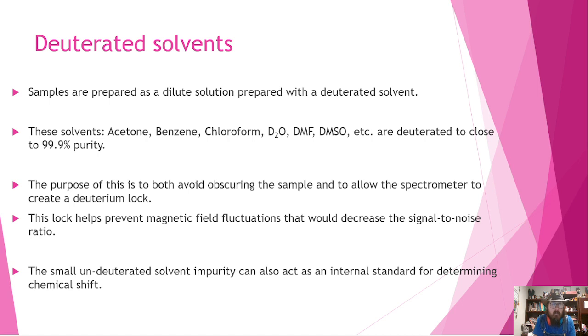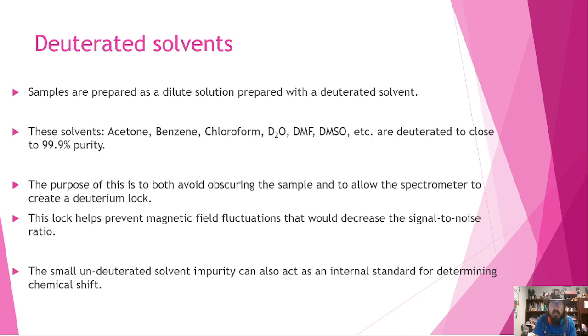If we have a solvent that is made up of normal hydrogens, the hydrogen of the solvent would be in so great abundance that our sample signal would be incredibly small and overwhelmed by our solvent. However, by using a deuterated solvent, the amount of normal hydrogenated, protonated solvent is only 0.1%.